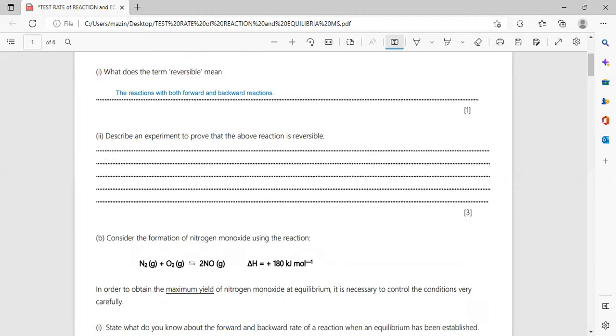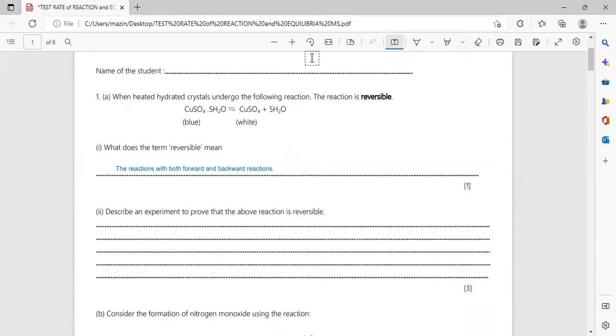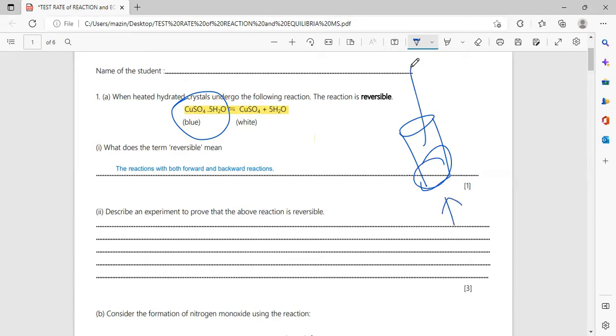Describe an experiment to prove that the reaction is reversible. The clue is given here in the equation. Use the equation to describe the experiment. Take the blue sample in a test tube, then heat it. When heated, water will go off and you will have a white solid remaining.